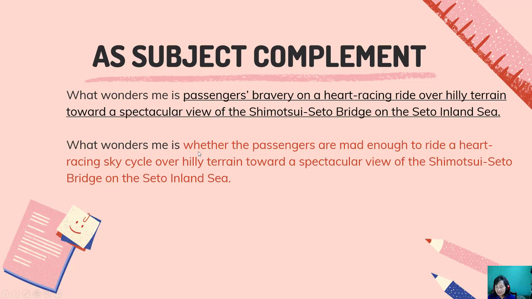This is the conjunction, the subject, and the predicate. What wonders me is whether the passengers are mad enough to ride a heart-racing sky cycle over hilly terrains toward a spectacular view of the Shimotsui Seto Bridge on the Seto Inland Sea.